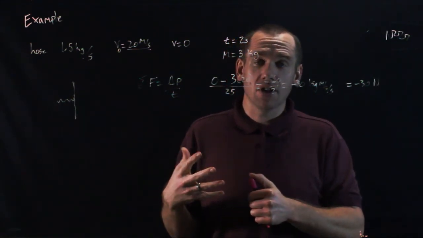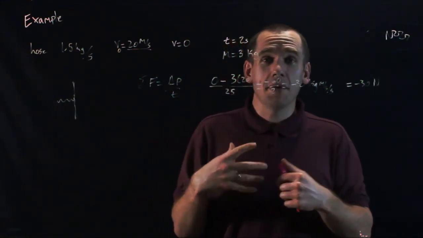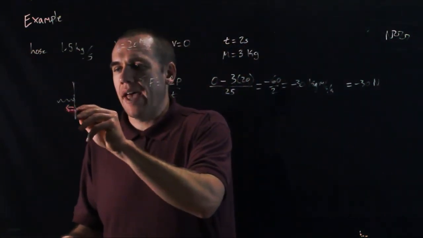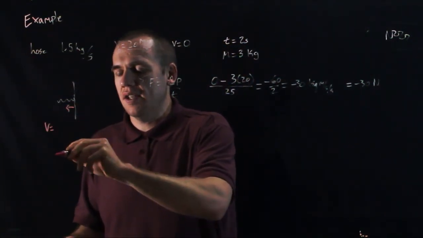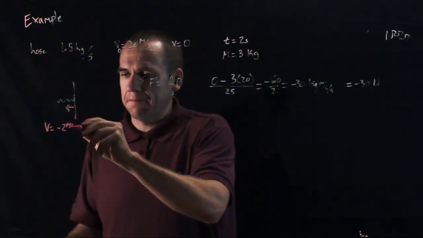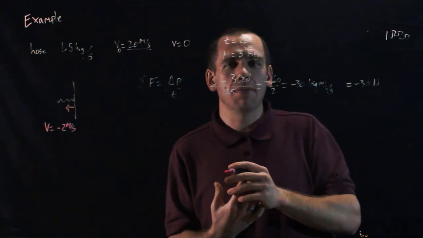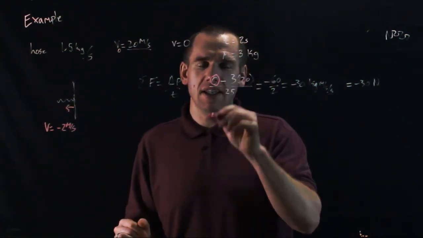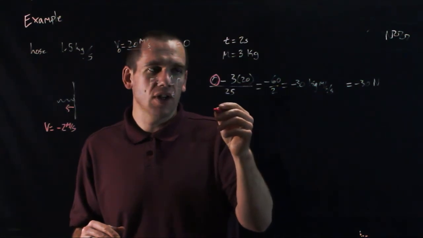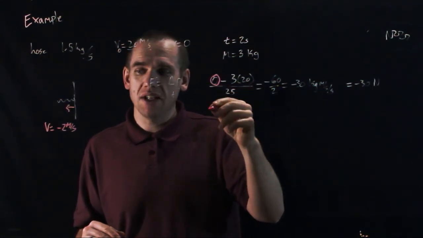Now, another question to investigate this further would be, what happens if the water actually splashes back? What if it comes back off of the car with a velocity of, say, negative 2 meters per second? How would that change our problem? Well, that would affect us right here, right? Our change in velocity would no longer be 0. Our final velocity would no longer be 0, it would be negative 2.